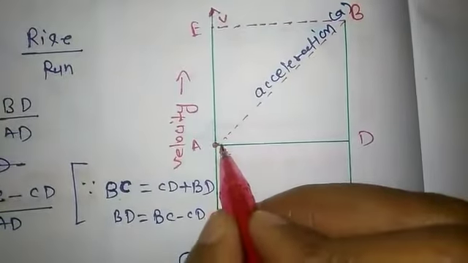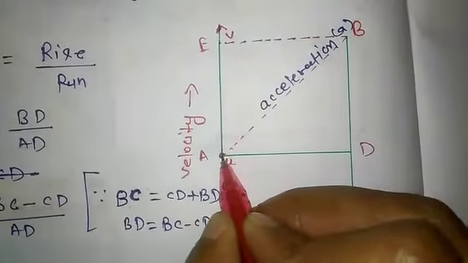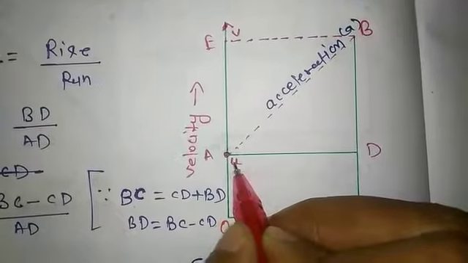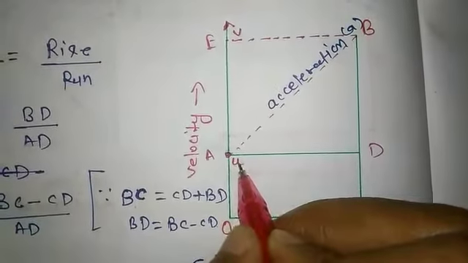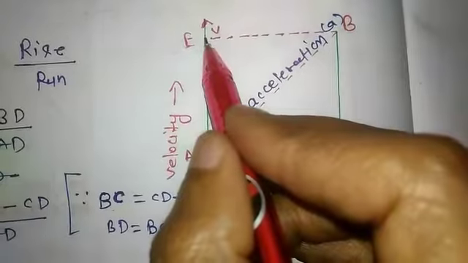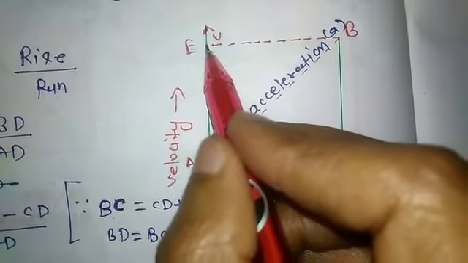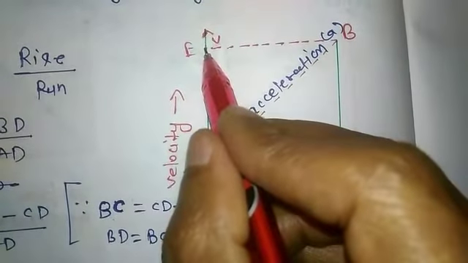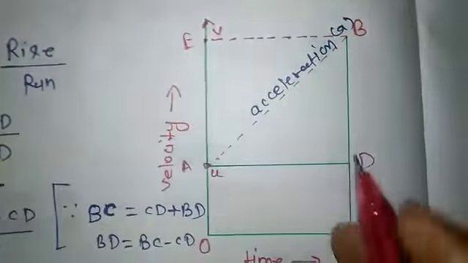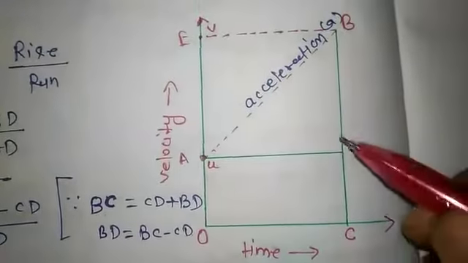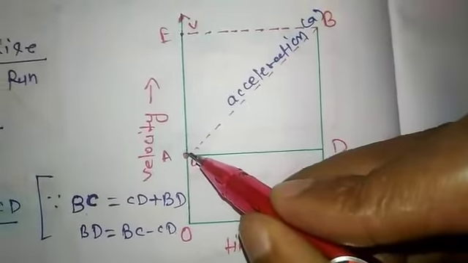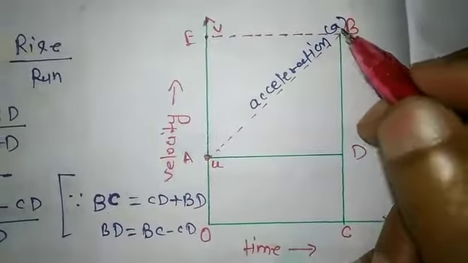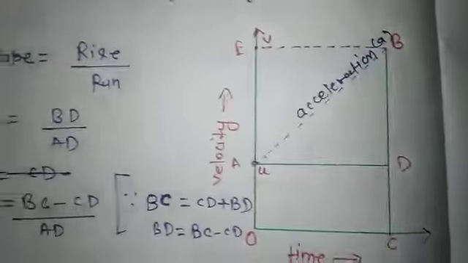An object starts its journey from point A. At this point its velocity is the initial velocity u, and this is the position of the object, and at this point its final velocity is v. This is the acceleration, or slope, of the object.